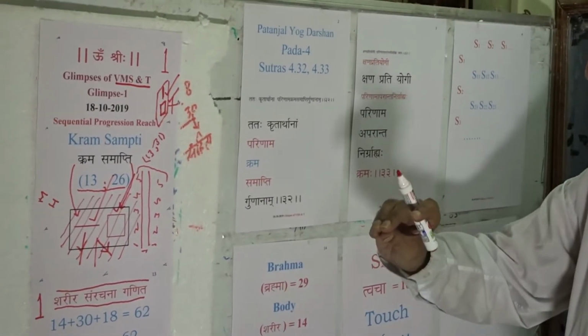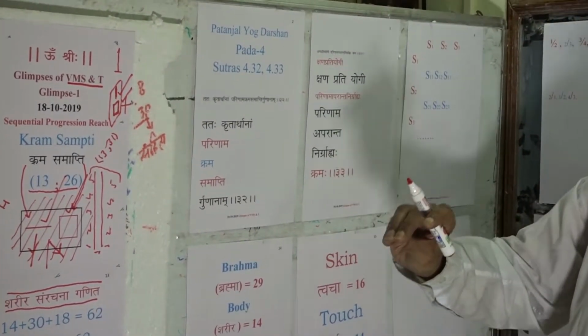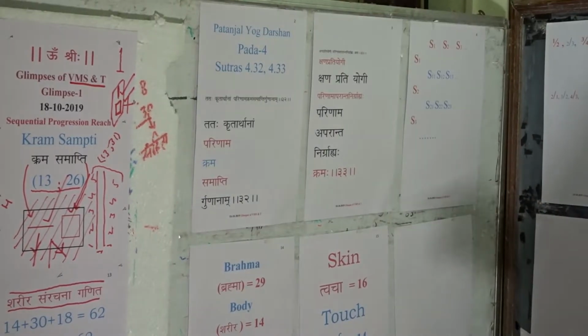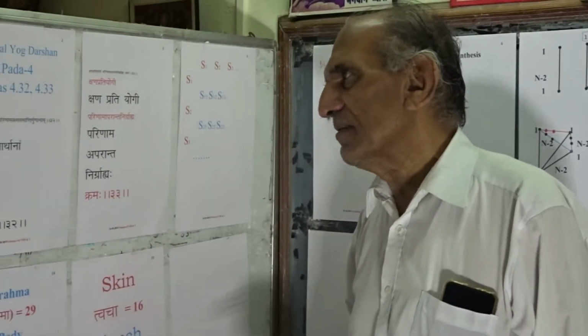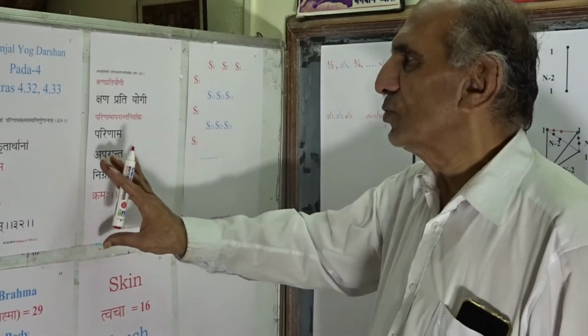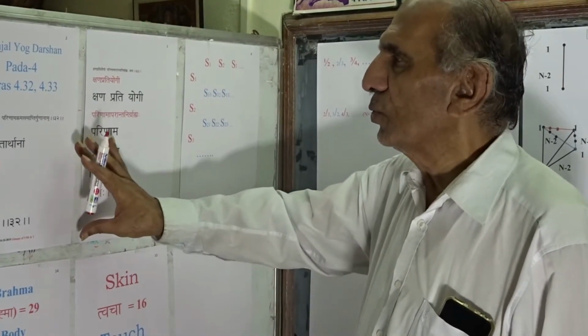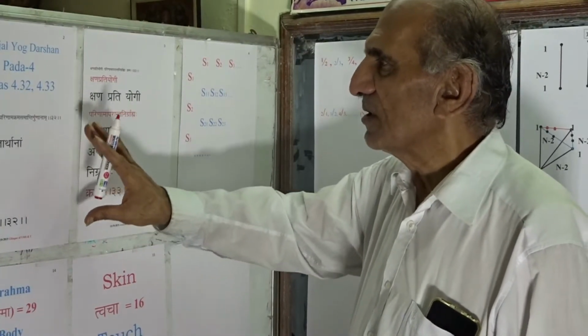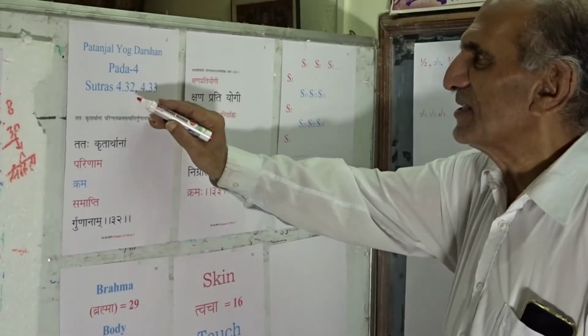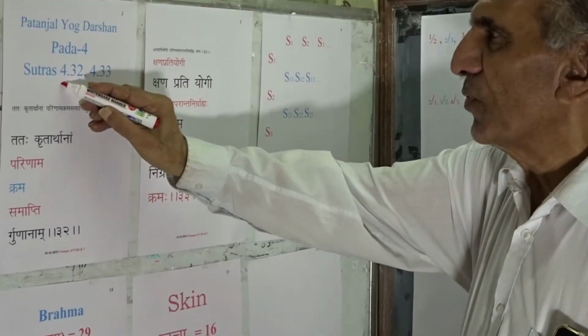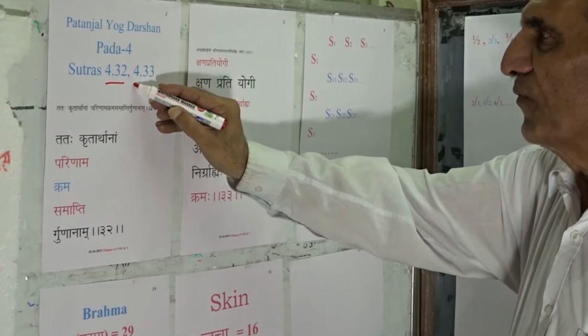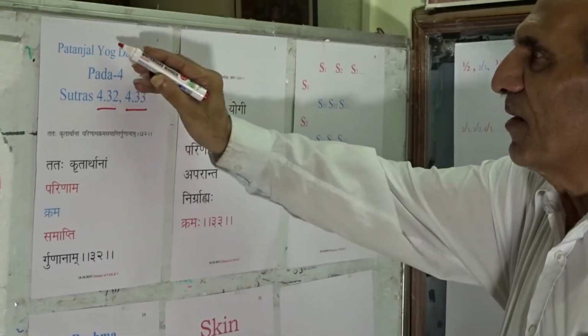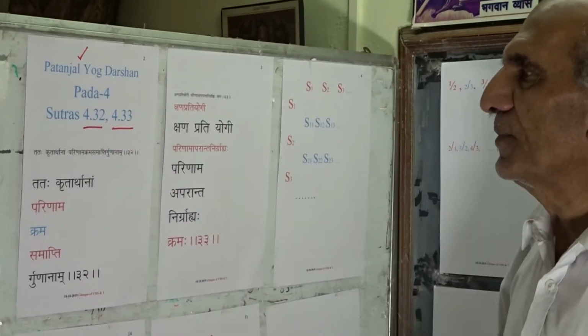For appreciation, comprehension, imbibing of the format, features and values of Kram Samapti, we have to go to the source preservation as Sutra 4.32 and 4.33 of Patanjali Yoga Darshan.